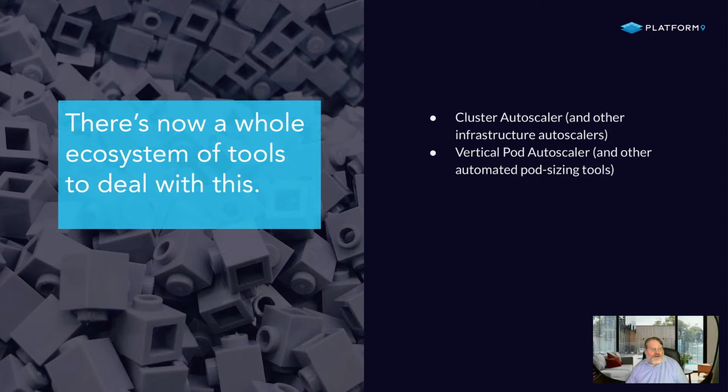The vertical pod autoscaler has been around for quite a while too. There are other pod autoscalers, pod resizers, if you will, and even some commercial products that do things like, everybody's got an AI tool now. And so there are a lot of startups that are applying AI to pod resizing to try to get your pod request efficiency.